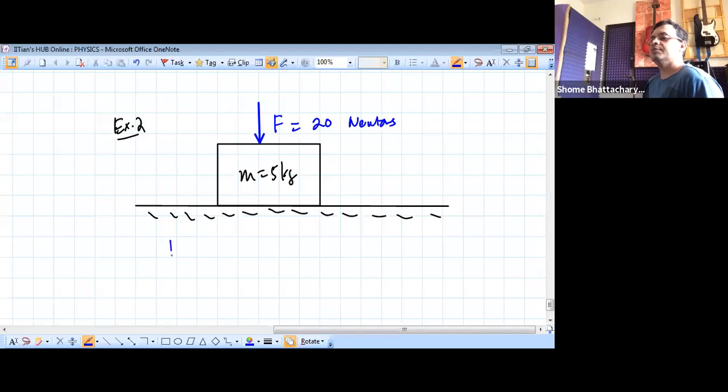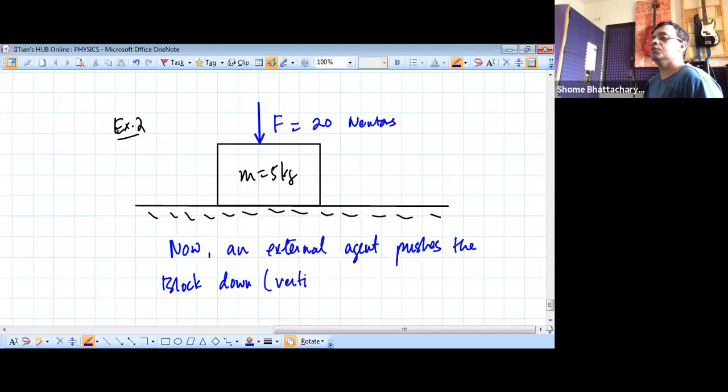So what's happening in this picture now is that an external agent pushes the block down, that is vertically downwards, with a force of magnitude 20 newtons.